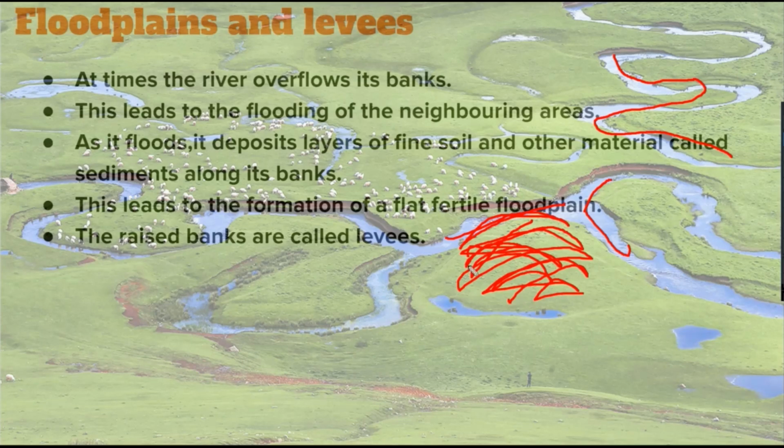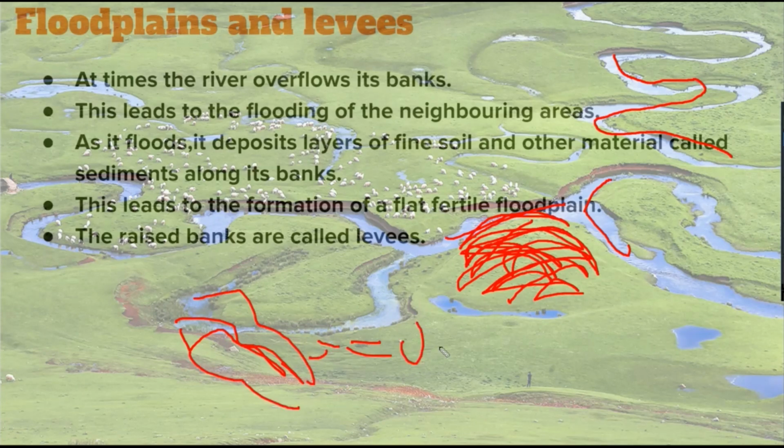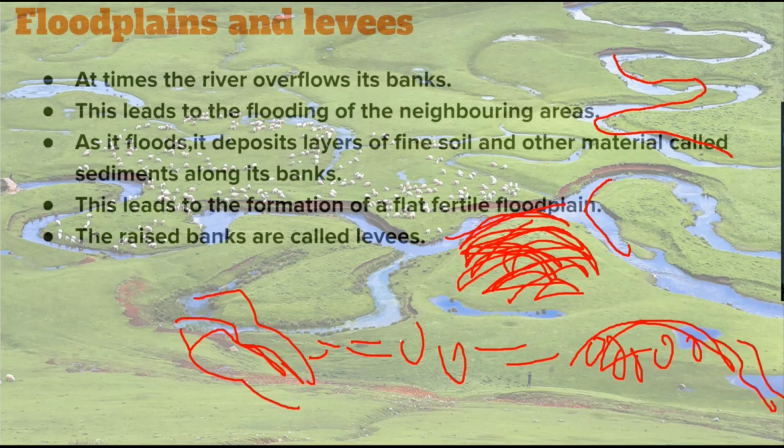And now this elevated land from here, due to the sediments, is known as the levees. Means the water overfloods its banks, which have some fertile materials, and this fertile material forms the elevated land on the riverside. It is known as the levees.